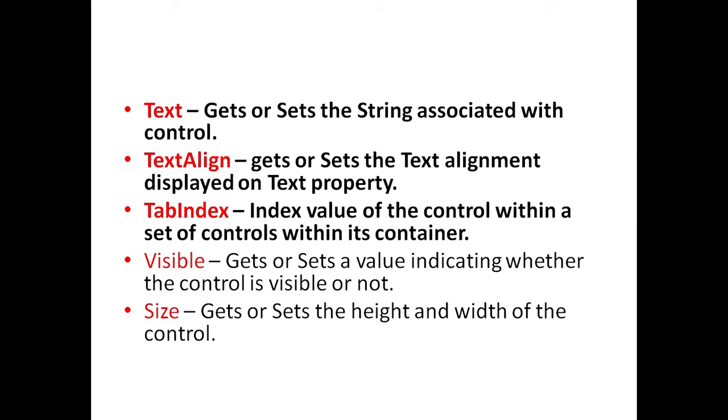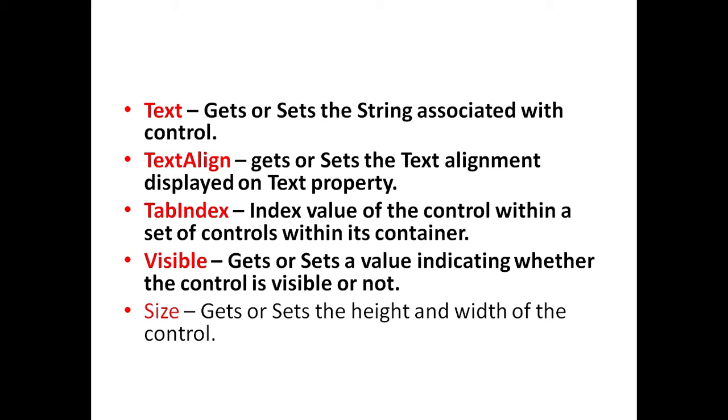Tab index property is used to set the index value of the control within a set of controls within its container. Visible property is used to get or set a value indicating whether the control is visible or not. Size property is used to get or set the height and width of the control.